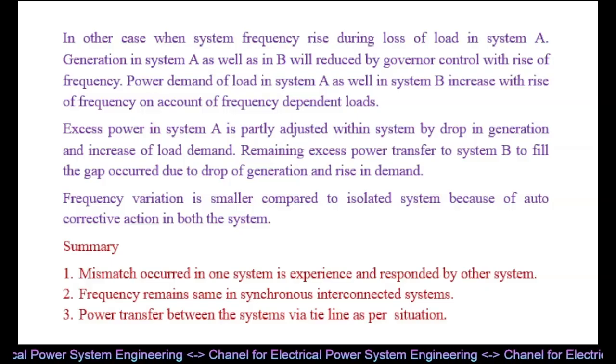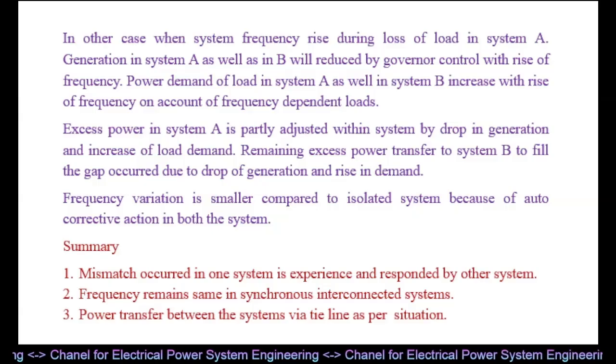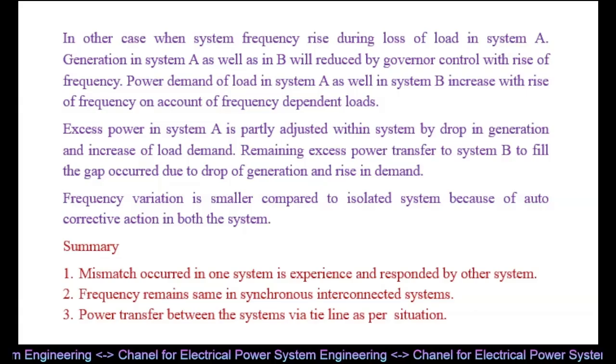Excess power in system A is partly adjusted within the system by drop in generation and increase of load demand. Remaining excess power transfers to system B to fill the gap occurred due to drop of generation and rise in demand. Frequency variation is smaller compared to an isolated system because of autocorrective action in both systems.